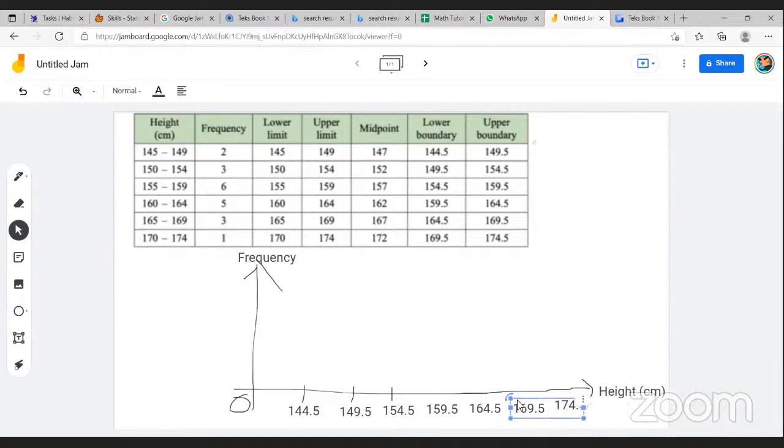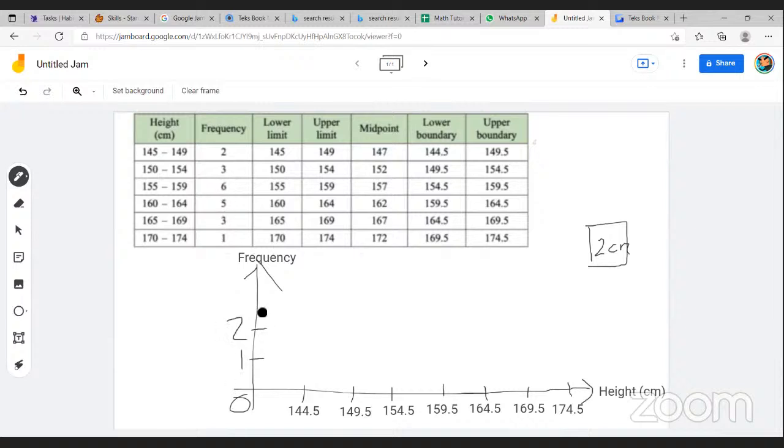So from here, you can start to draw your histogram. Let's say for a histogram, you put your scale over here as one box. We assume that one box in your grid paper is 2 cm. So one box can be one frequency, because you can see here your frequency is 1, 2, 3, 5, 6.